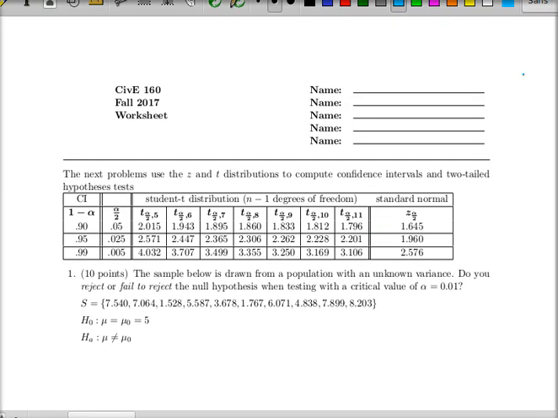We're going to look at a worksheet from December 11th. This worksheet has both the z-scores and the t-distribution, the student distribution. For the left column here, you have both the alpha over 2 and the 1 minus alpha.